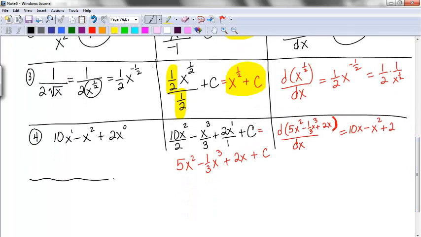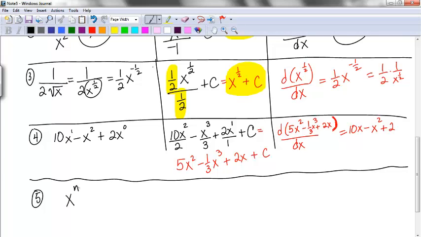Now, this is the rule. X to the n power. I've said it about 5 times so far. If that's your derivative, to find the antiderivative, we add 1 to the exponent, so that'd be n plus 1, divide by the new exponent, and then plus c.